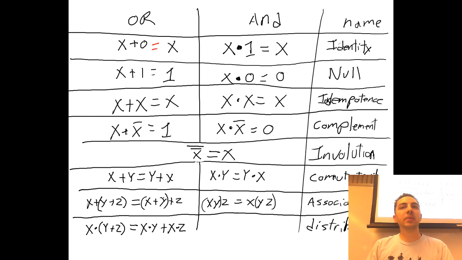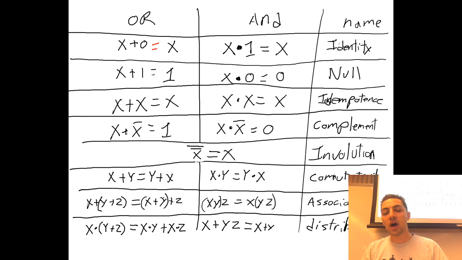Where people begin to have a problem is with the converse of this. x OR yz is equal to (x OR y) ANDed with (x OR z). It is doing exactly the same thing as the other case.